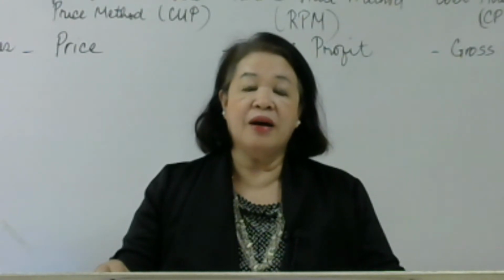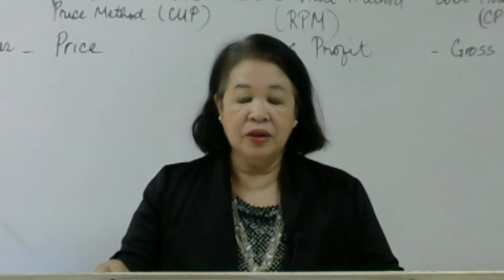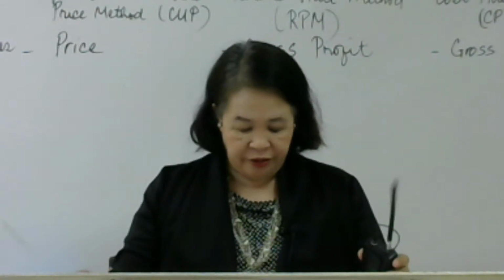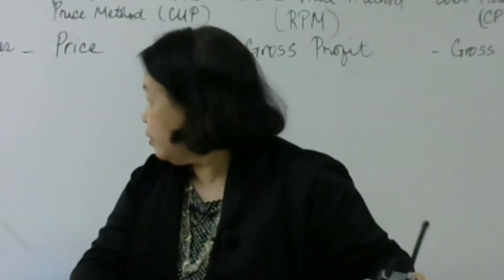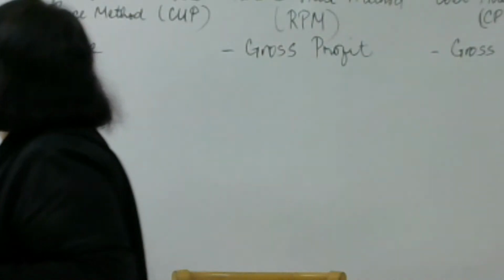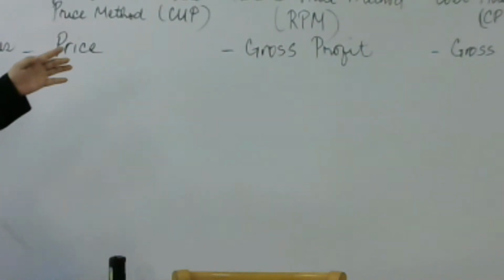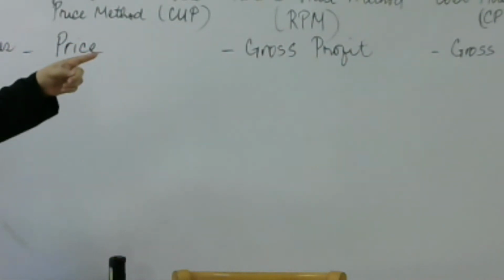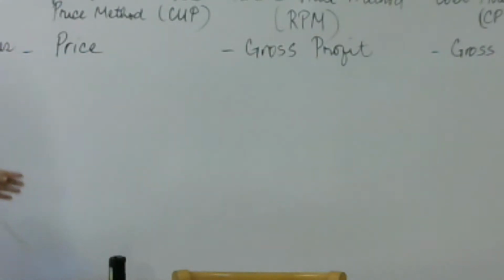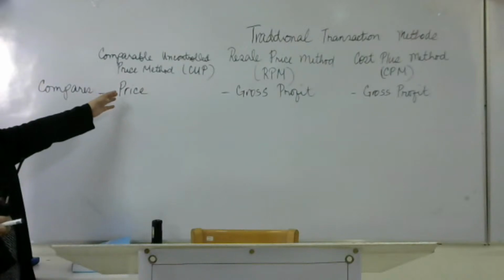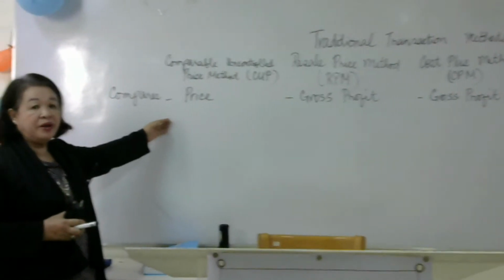So, we have the comparable and controlled price method. These are our traditional transaction methods. We start with the comparable and controlled price method. We compare the price.